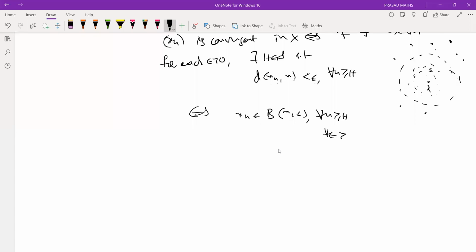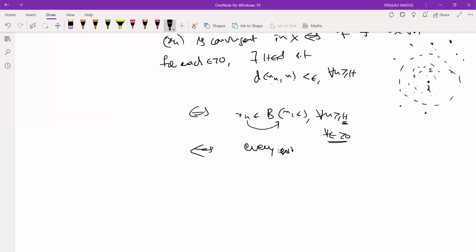This is true for every epsilon. What does it mean? For every neighborhood you take, it contains all terms except finitely many. After h terms of the sequence, all terms should be sitting inside the ball with center x and radius epsilon.